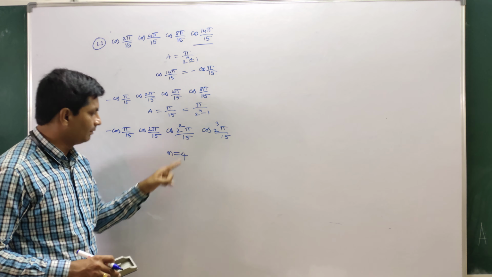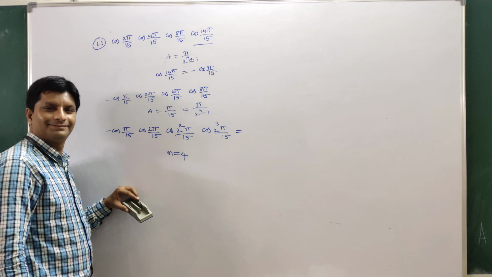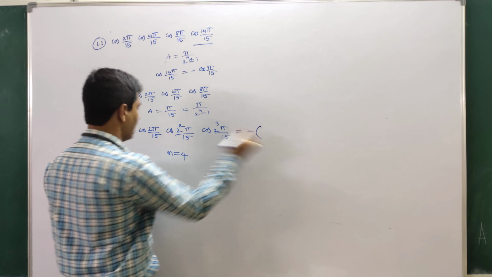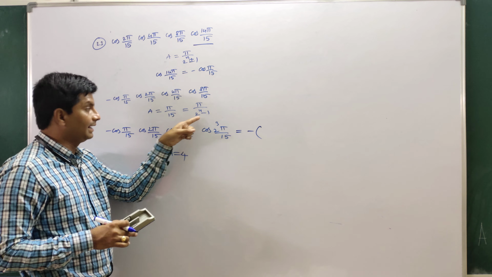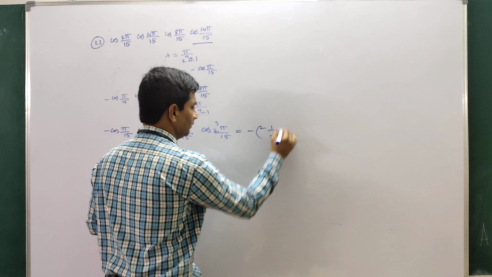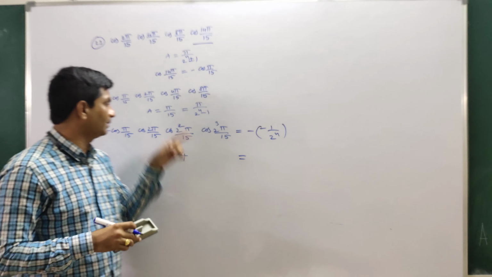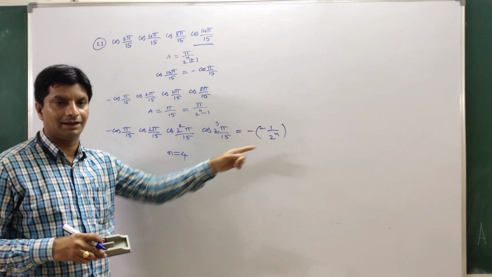So the angle A is given as pi by 15, which is pi by 2 power 4 minus 1. What is the formula? Already minus is there, keep the minus as it is. If the first angle A is given as pi by 2 power n minus 1, n means 4, the formula is directly minus 1 by 2 power n.